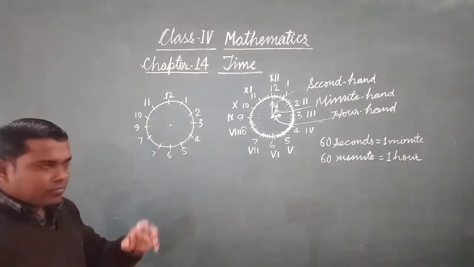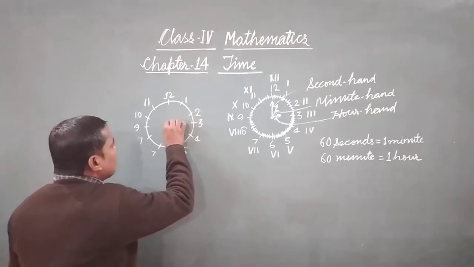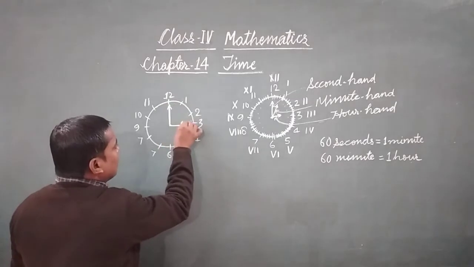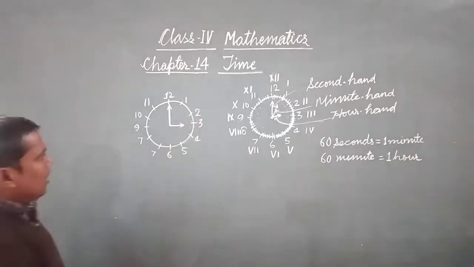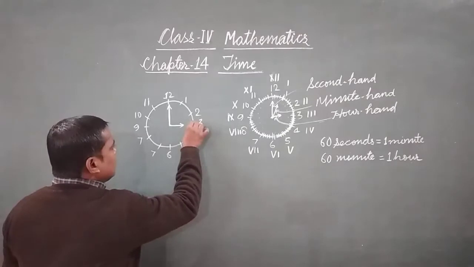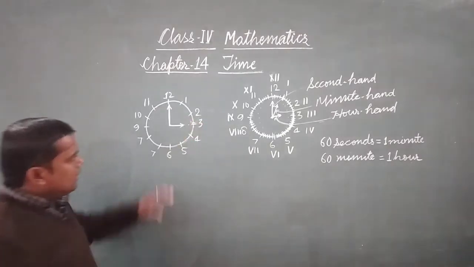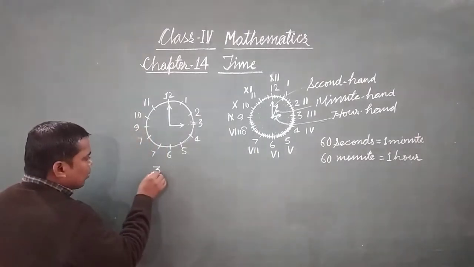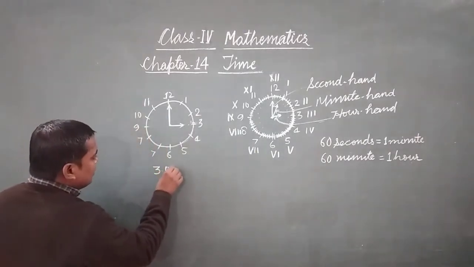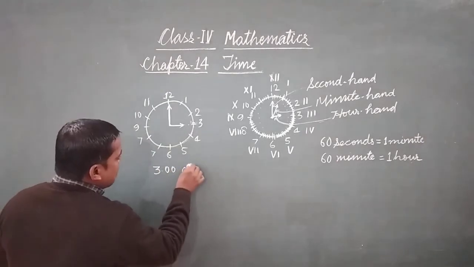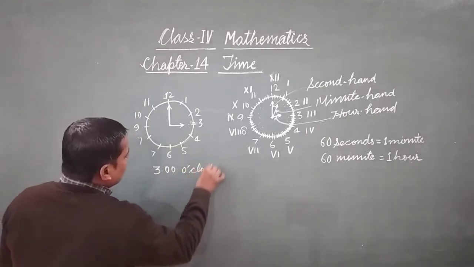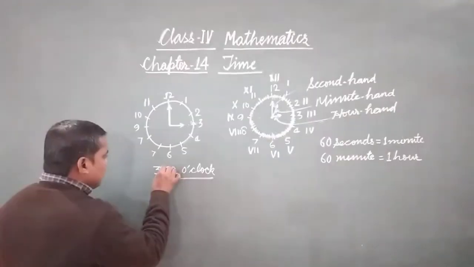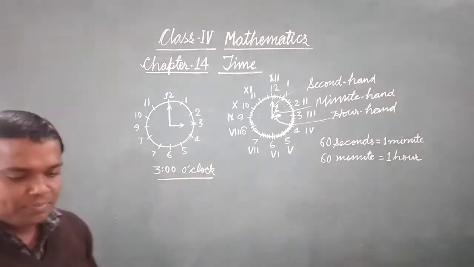Now if our minute hand is here and hour hand is here, it means the hour hand is in front of 3 and the minute hand is at 12. This time we can say that it's 3 o'clock. It's 3 o'clock.